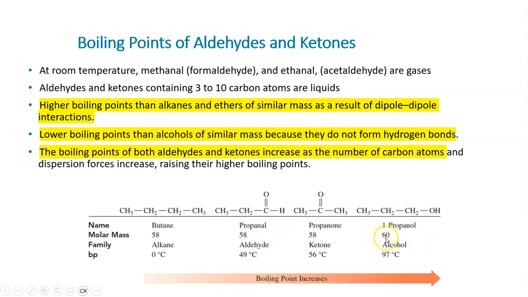And alcohols have a very high boiling point, this one, propanol, which has similar mass, has a very high boiling point because of the hydroxyl group. So just by looking at the functional group, you should be able to deduce what type of boiling point these molecules can have. You should be able to do a quick comparison just by looking at the functional group. We'll discuss that in the questions.